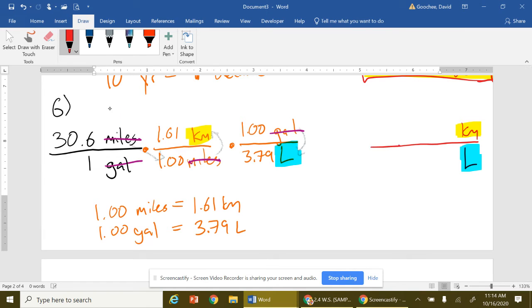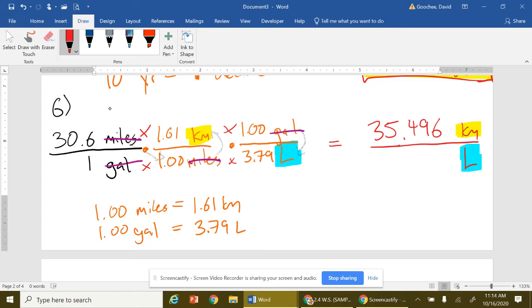Now we got to do some multiplication. Across the top, 30.6 times 1.16 times 1 is 35.496. And on the bottom, we've got 1 times 1 times 3.79.